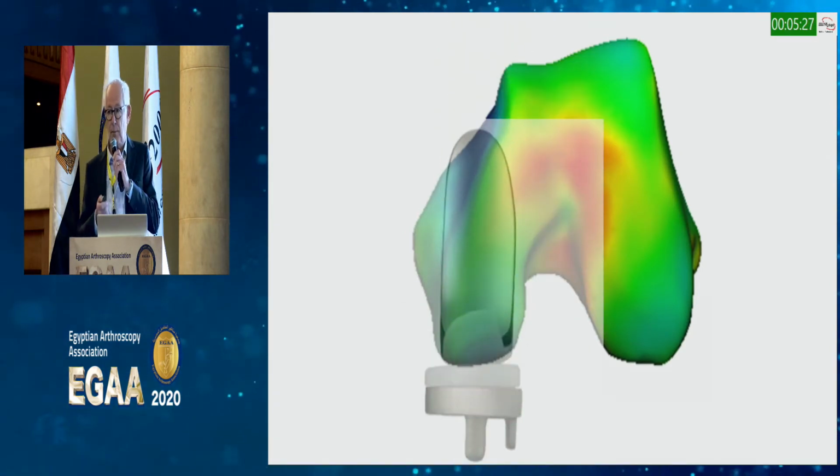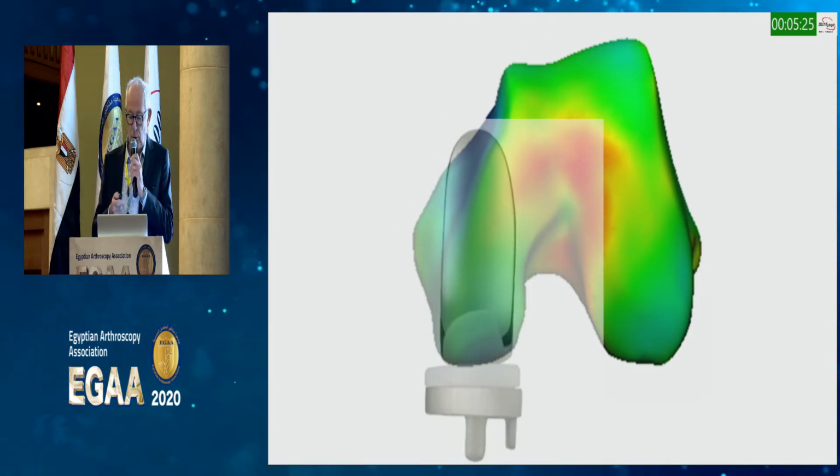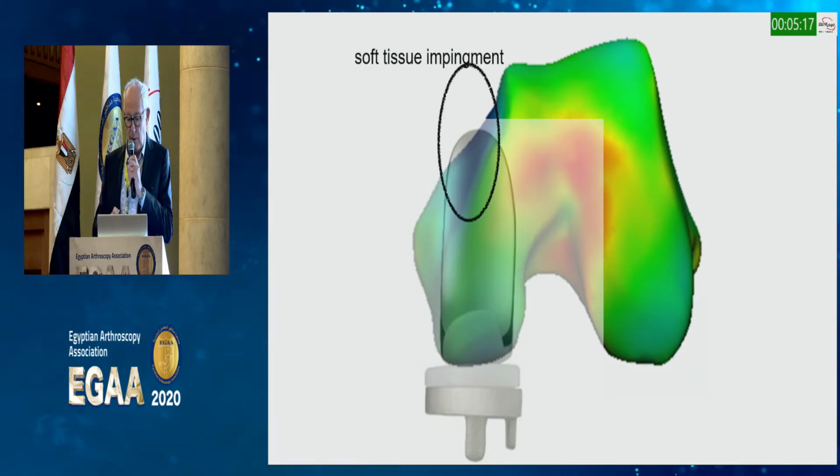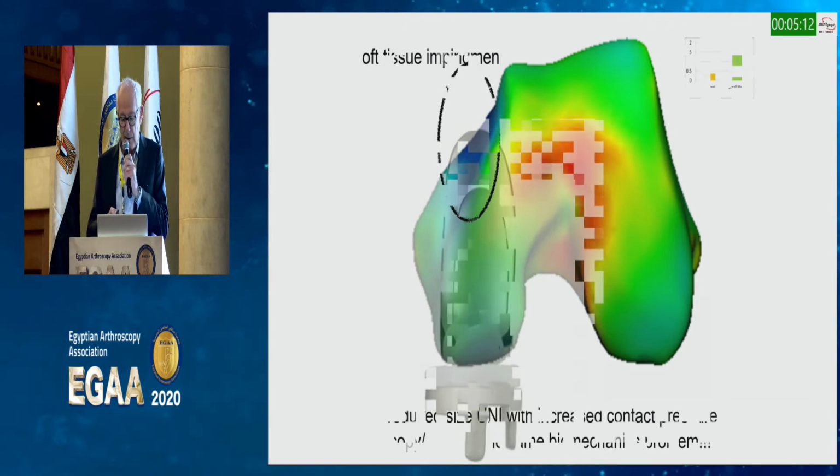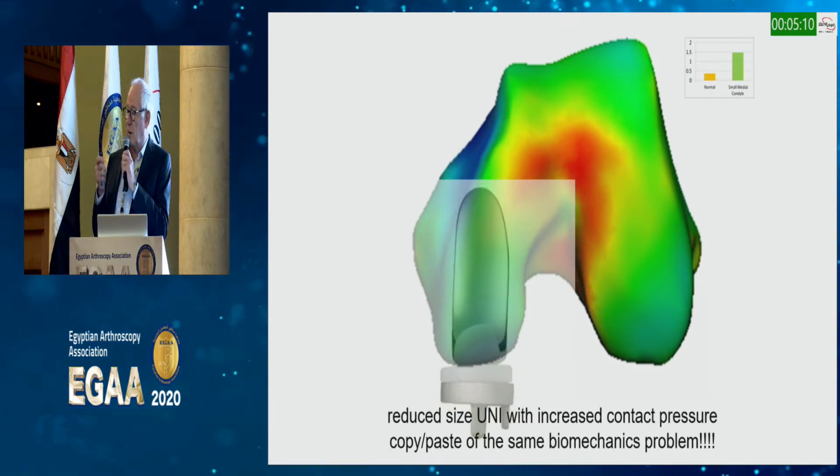On the other hand, if you use a unicompartmental replacement, which might be a very good solution, then the size is different. You may have soft tissue impingement in these cases, and then you will agree with me, you take a smaller size.